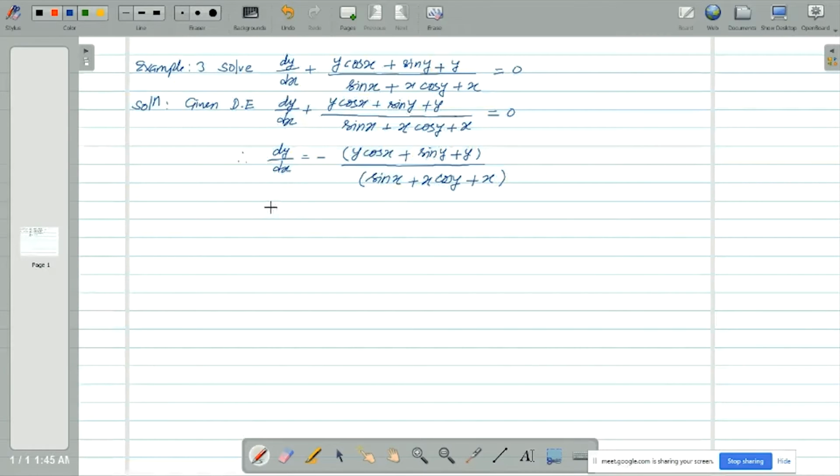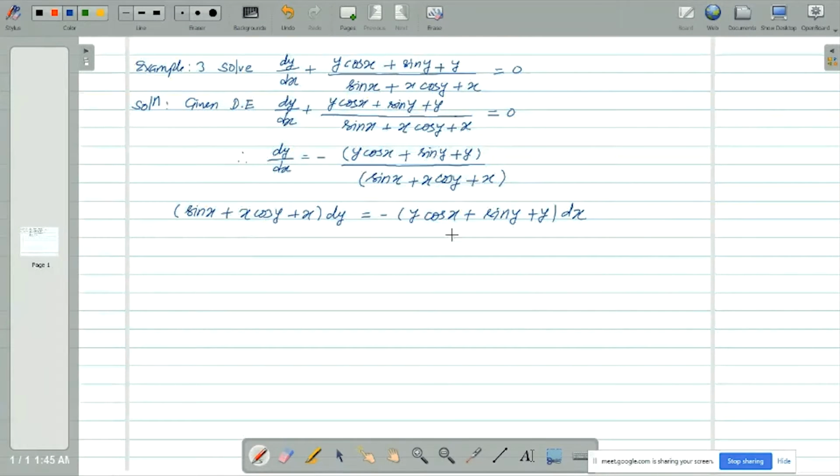This becomes (sin x + x cos y + x) dy equals minus (y cos x + sin y + y) dx.